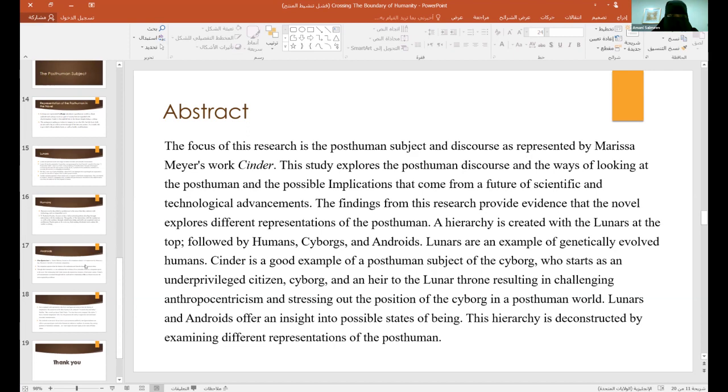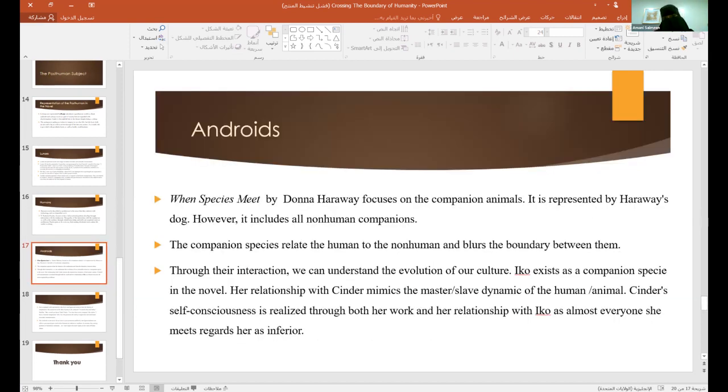I would like to shed some light on androids, especially in the novel. In the book When Species Meet by Donna Haraway, we find her focusing on companion animals. In the case of the novel, we see it in the form of androids, the machine, and through the interaction between the characters and the machine, we see the evolution of their culture.